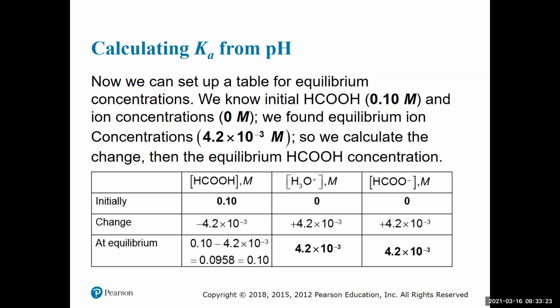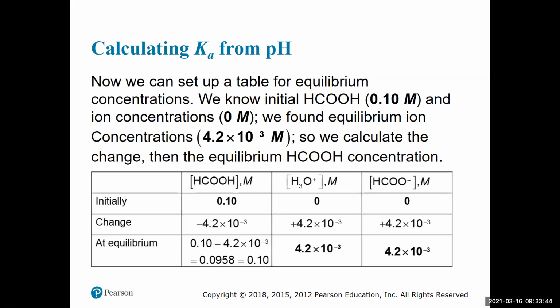So here's our table that we like to set up. We have our initial row, our change row, and then our equilibrium row. At the top, we have listed the 3 concentrations in molarity that we're interested in.